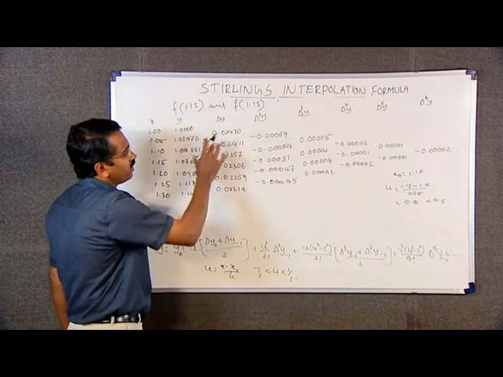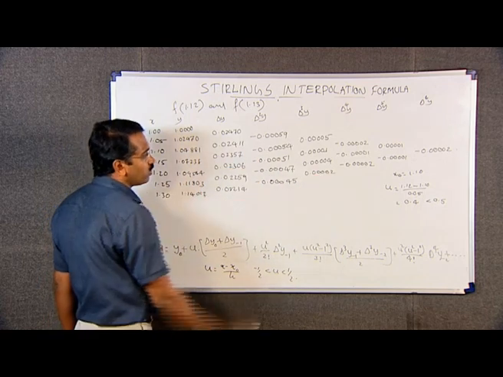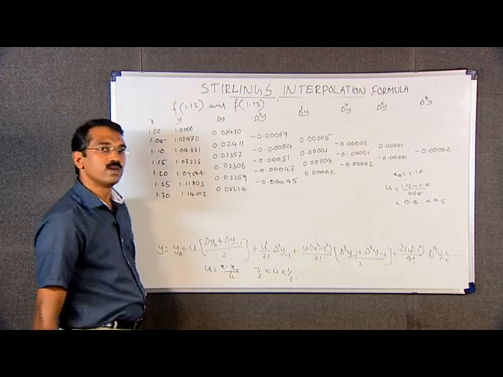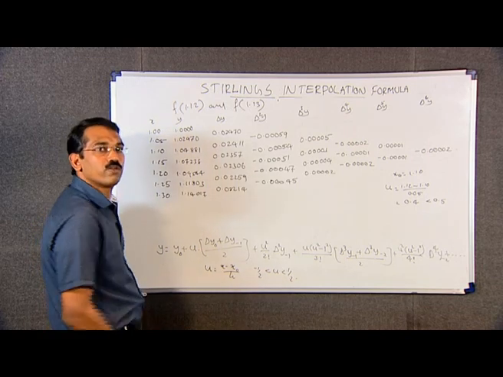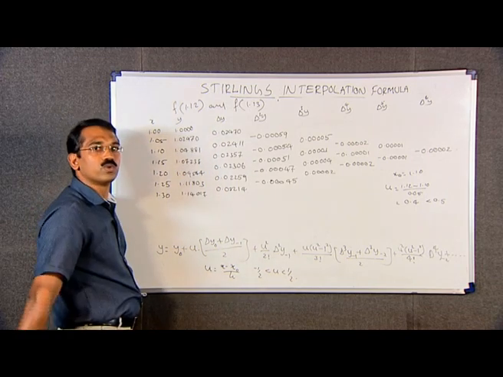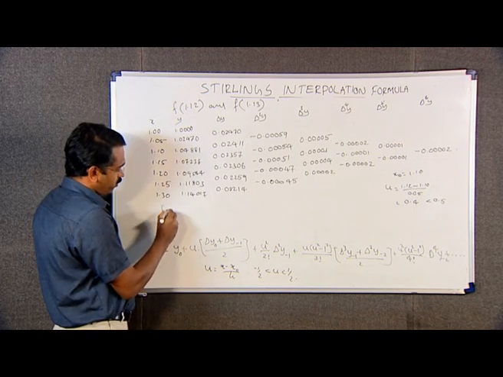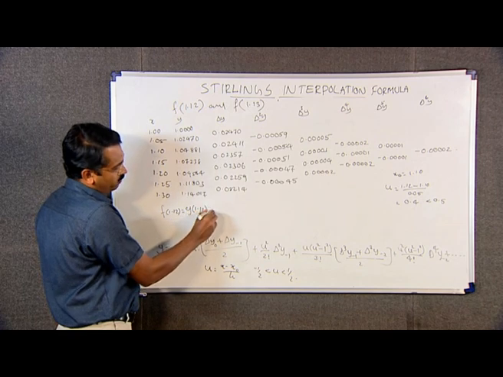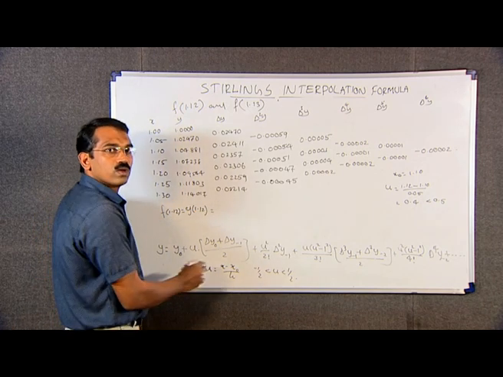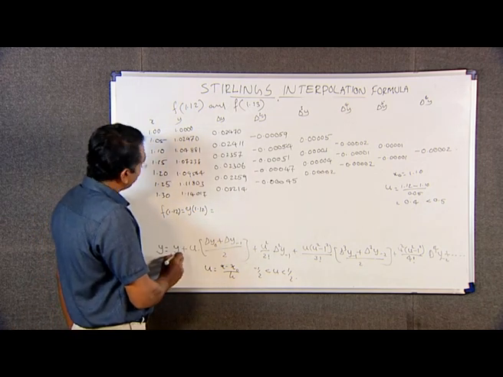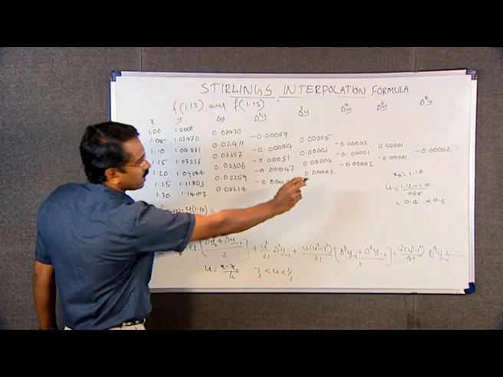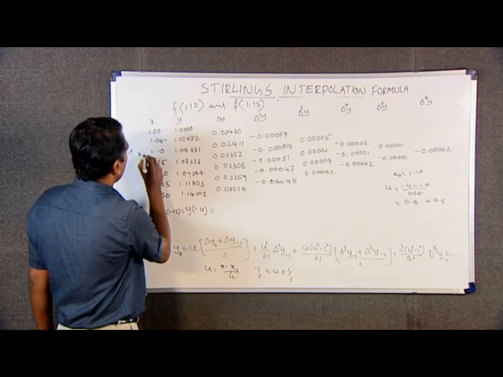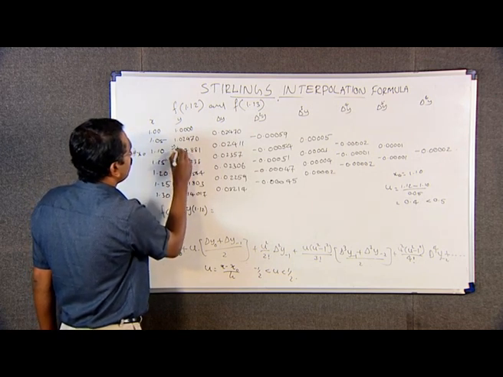Substituting the value of u and the relevant differences in this formula, we can write f of 1.12, that means y of 1.12. Here we choose x naught as 1.10, so this is x naught, therefore this is y naught.